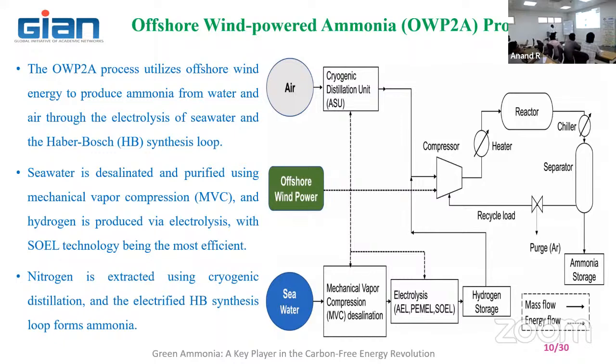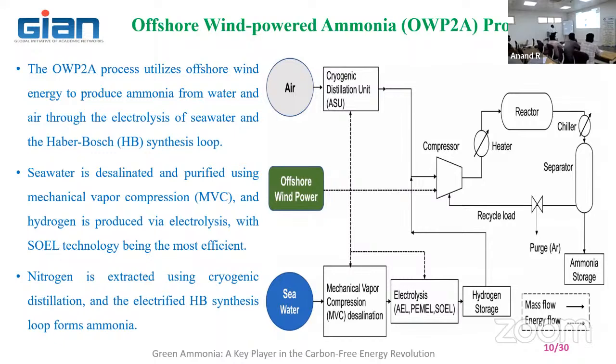Now you are raising the pressure using the compressor to about 200 or 300 bar, but we need temperature also to produce the ammonia. So to raise the temperature, you use a heater. The heater may use some renewable fuel to produce heat, or electrical, microwave or plasma technology can be brought in here.